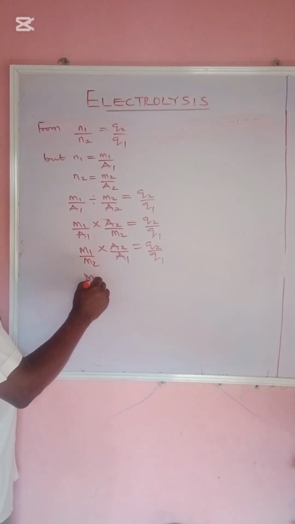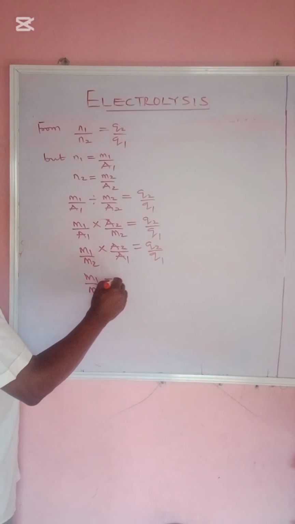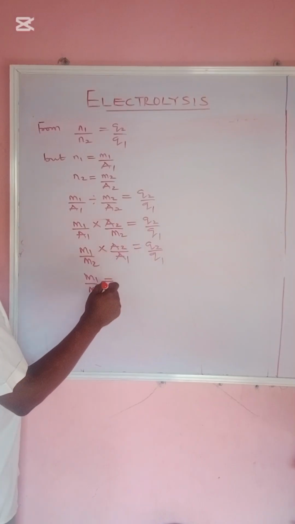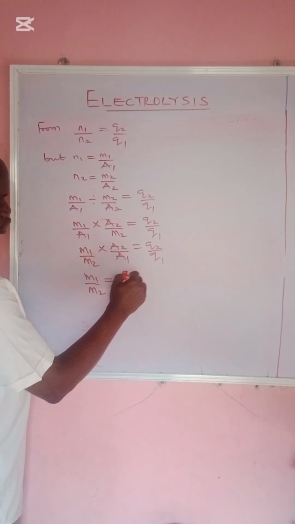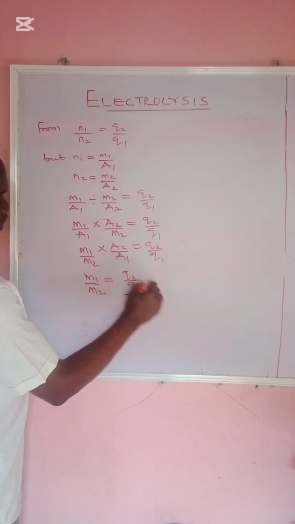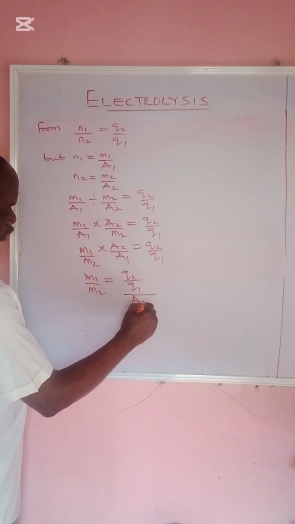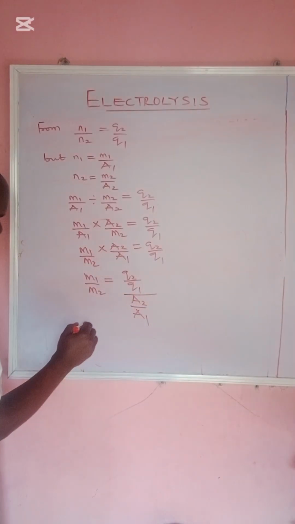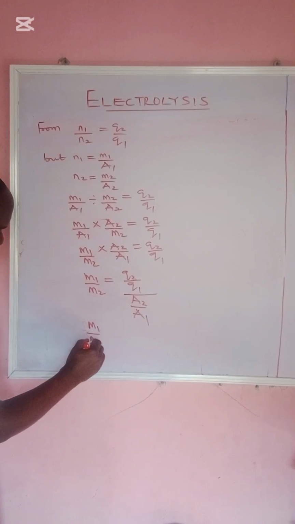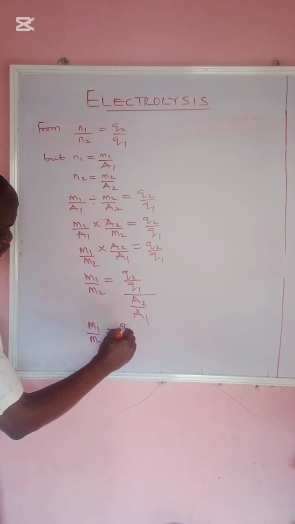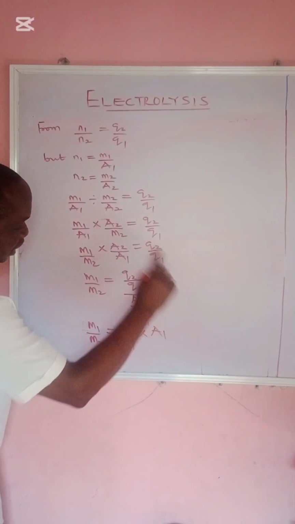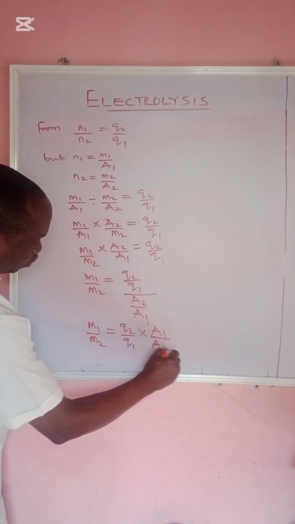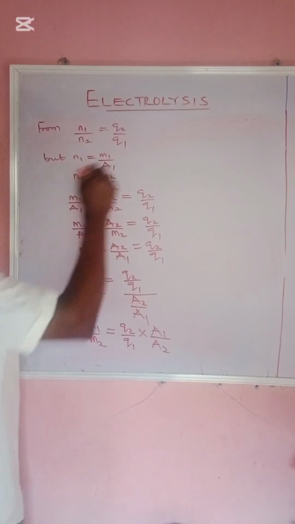So M1 all over M2 now is equal to, when you divide both sides by this, Q2 all over Q1 divided by A2 all over A1. So you have M1 all over M2 is equal to Q2 all over Q1 times A1 all over A2. Let's take note of that.